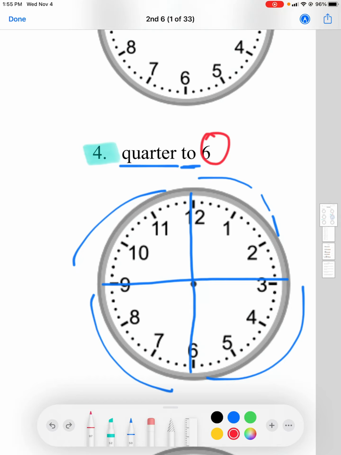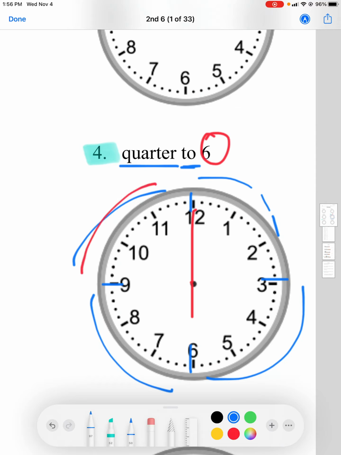So this would be 6 o'clock, and let me erase this. Oops. I'll keep those lines right here. So this is 6 o'clock. And then a quarter to that would be this one.